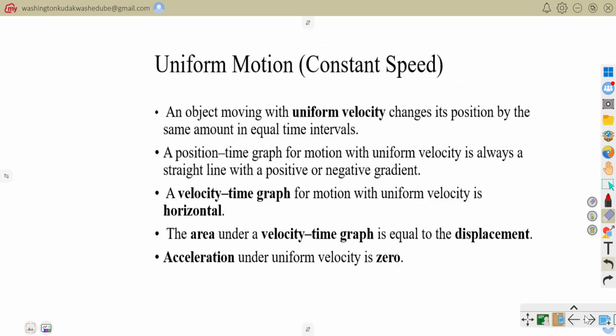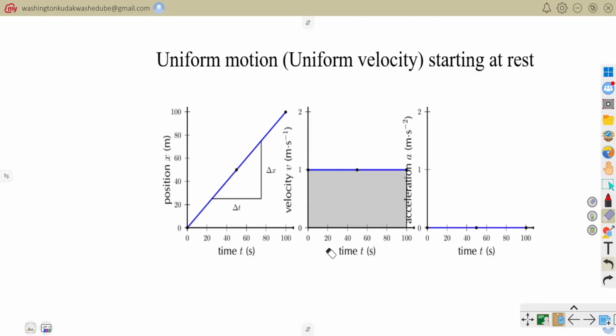What do I mean by that? Let's look at the following graphs. This is a position time graph where you draw your position in your y-axis, and then you draw your time in your what? In your x-axis. So this is your y-axis, and then this becomes your what? Your x-axis. So your position is this side, your time is this side.